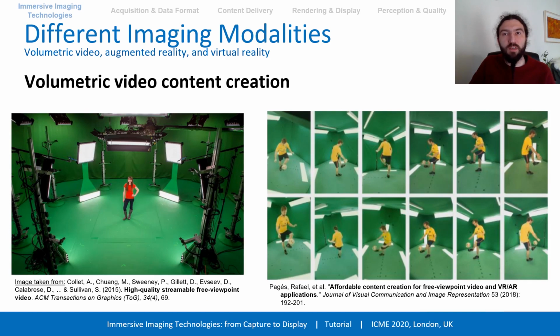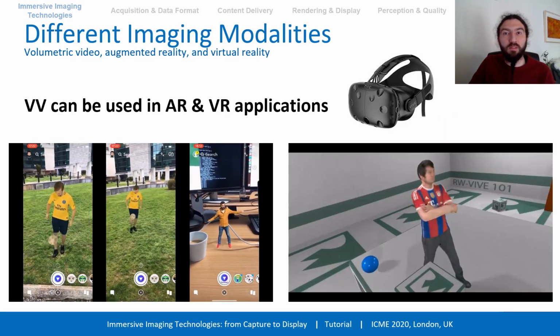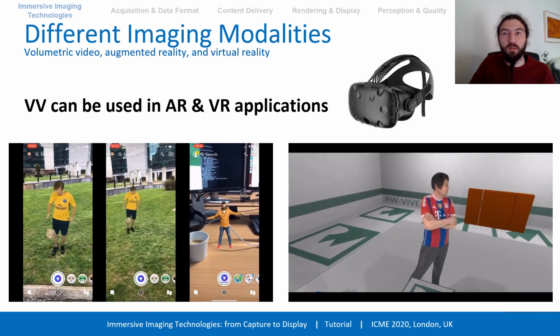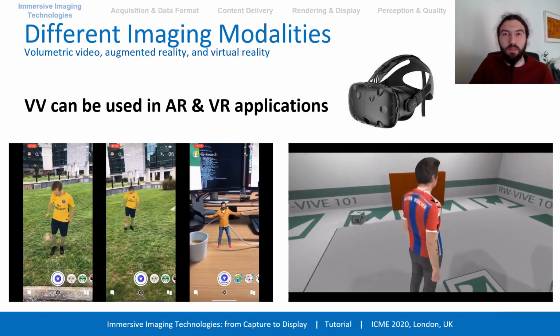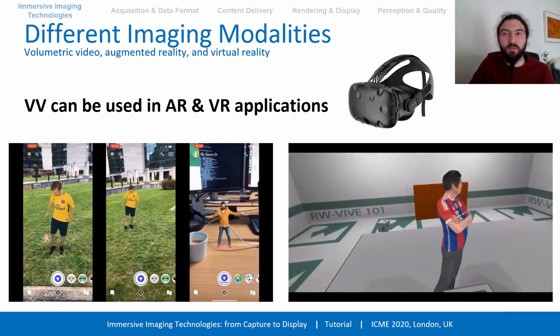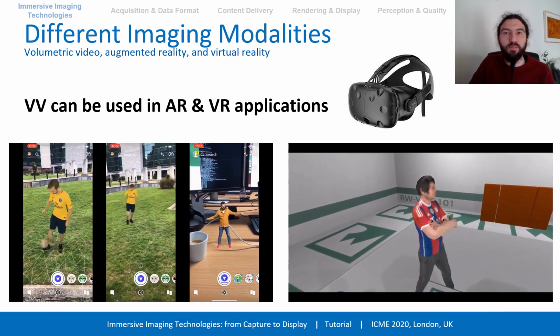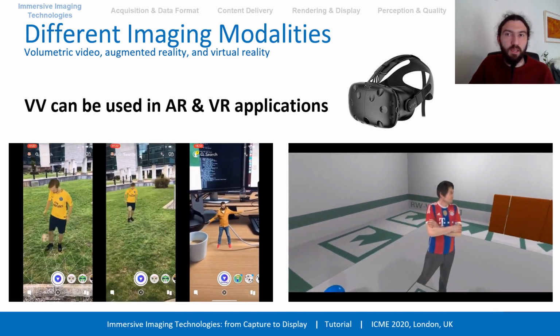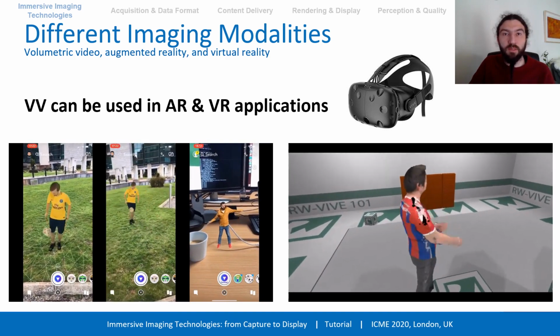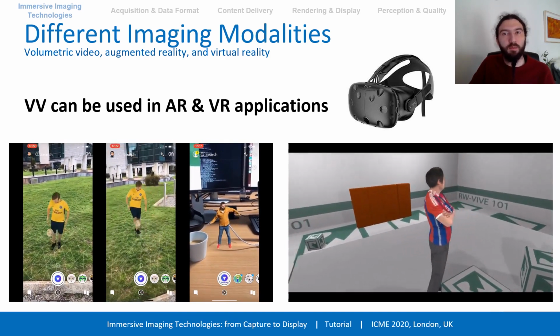Volumetric videos are generally acquired in dedicated studios with multiple cameras looking inwards, like these ones. The generated volumetric videos can be used in either augmented reality or virtual reality applications. Here, two examples of these applications are shown. On the left, you see a simple augmented reality application which uses volumetric videos in Snapchat, which places them in the real world.